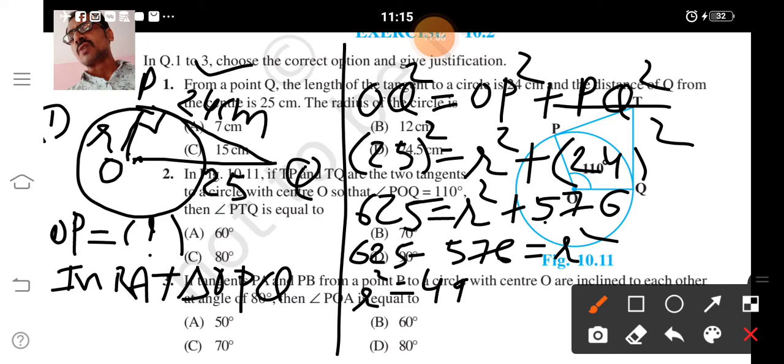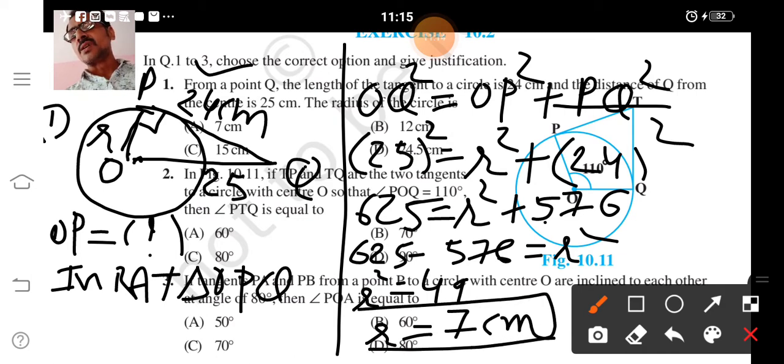If I want to remove the square from R, what do I have to do? I must take the root of 49. So I will get 7 centimeter. So the radius of the circle is 7 centimeter. Go through it. Clear? Let us solve the next one.